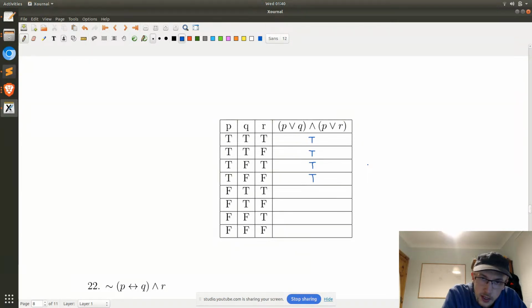Okay, so we have true on the left and true on the right, so that's true. True on the left and false on the right, so that's false.